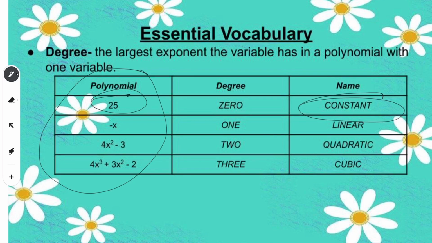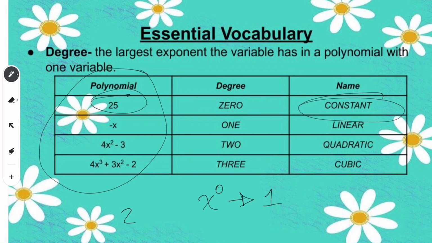But to explain it in math terms or algebraic terms, constants are basically when x is raised to the power of 0. Let's go back to our days where we learned about laws of exponents. Anything to the power of 0 is always 1.